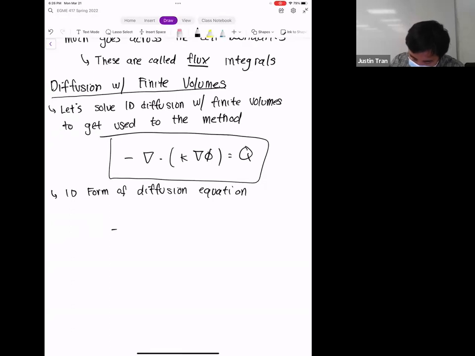In one dimension, the divergence just becomes the derivative with respect to x. Then inside the parentheses, we have k times the derivative of phi, equal to q.